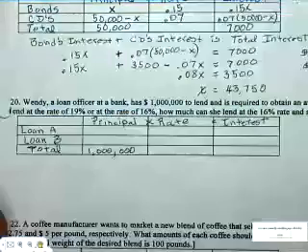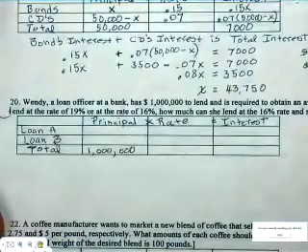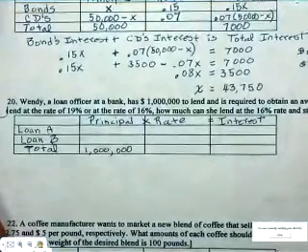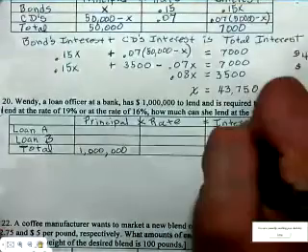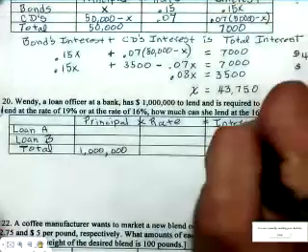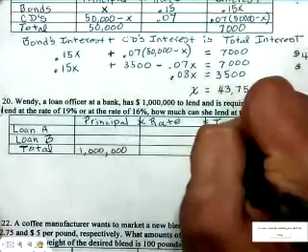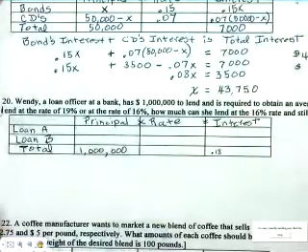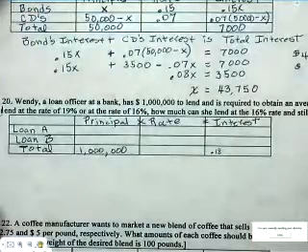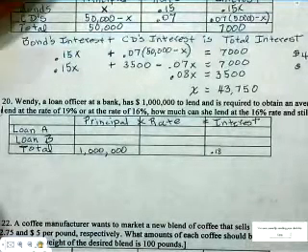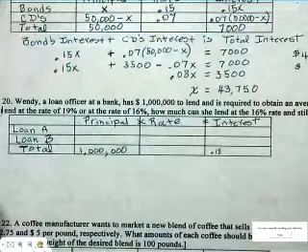Where does the 18% go? If I put it, I'm going to write it real lightly so I can mark it out. If I put 0.18 for total interest, then I'm saying Wendy wants to earn 18 cents off this $1 million. Wendy's hoping to earn 18 cents. That's not an amount of dollars.